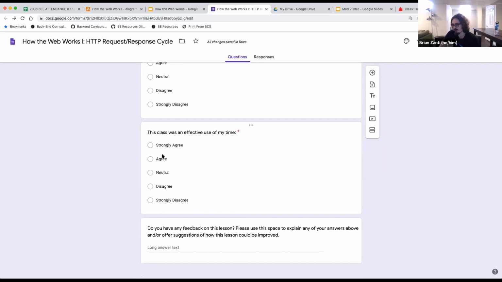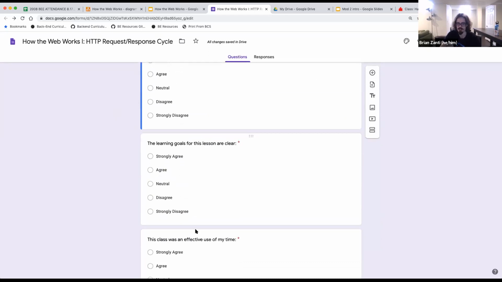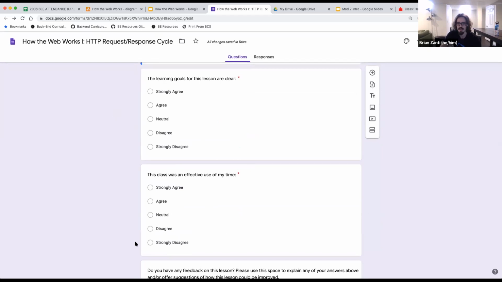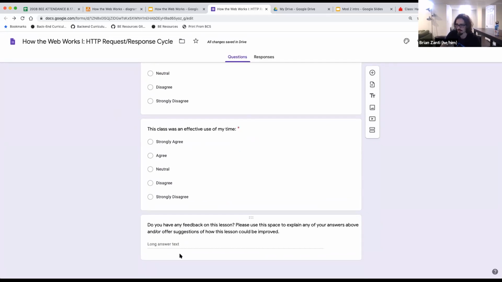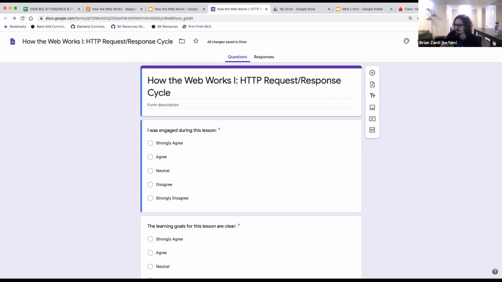It should also allow you to go back and edit something. Say we only have 2 minutes before lunch and you just need to fill this out and run to lunch. Maybe you fill out the first 3 questions and leave more detailed feedback later. You should be able to go back in and edit your response if you have to. Does anyone have any questions about this?